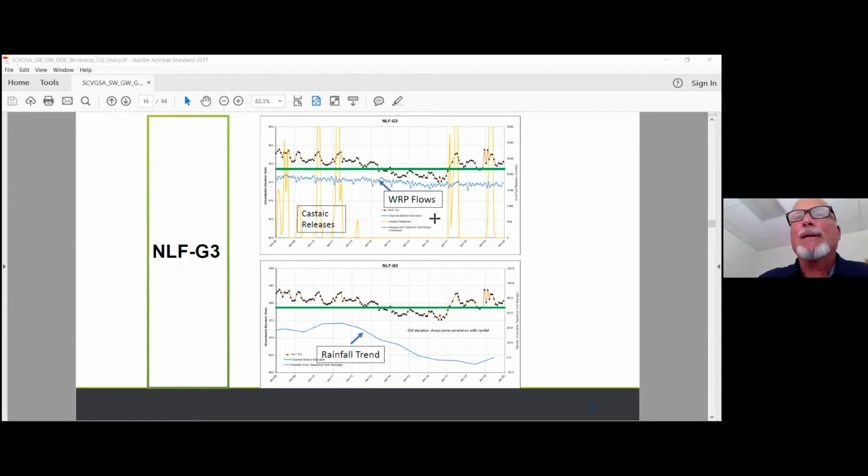So it may be a combination of a rainfall effect. You can see the correlation with rainfall down here seems to be a strong correlation with the water levels, but it also could be affected by the Castaic Reservoir releases. And again, in this area during the drought, we saw that the river appeared to be losing, or the water levels were below the river channel bottom.